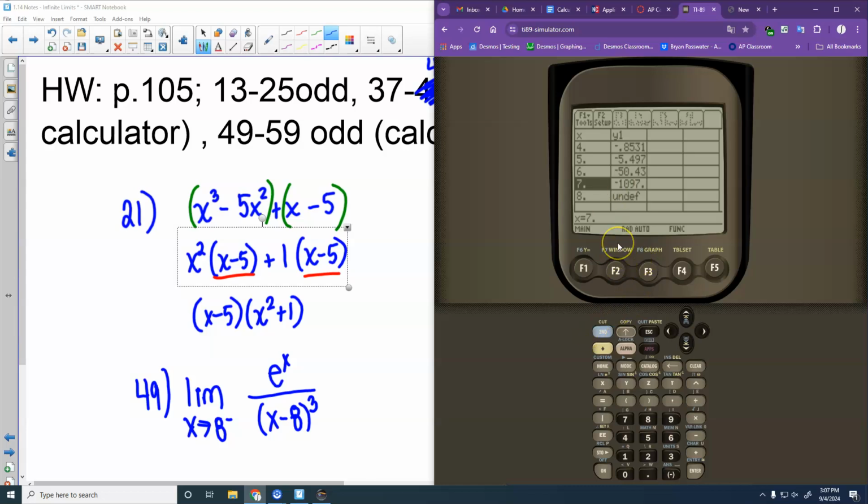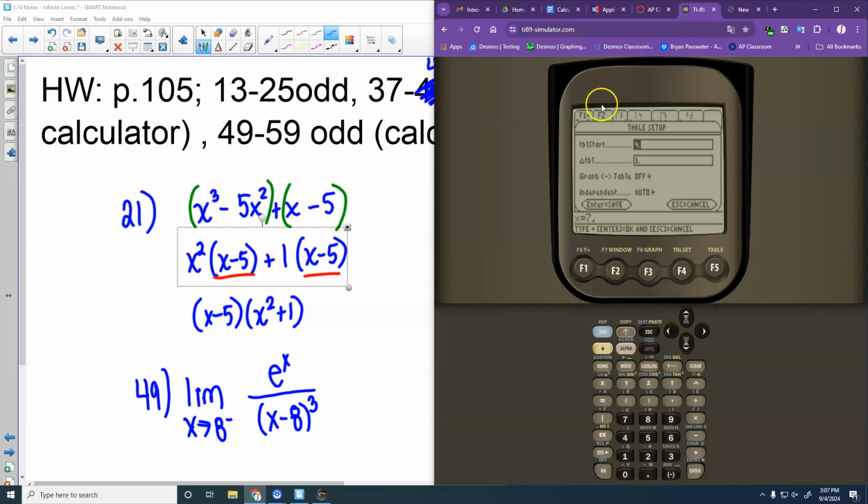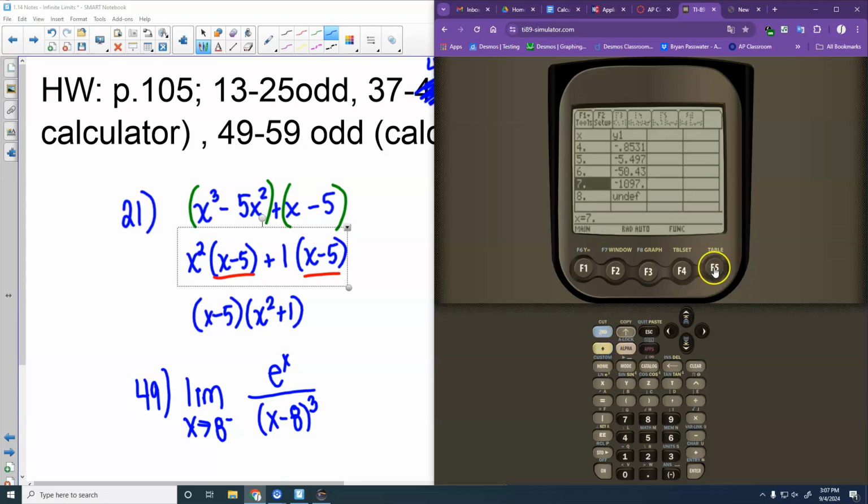If you want to type in the numbers like we did before, go to the green button and F4, which is table set, or we could have just hit F2. If you go down here and change this independent over to ask, then you could type in like 7.5. Why is it not working?